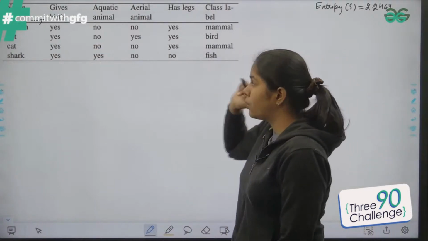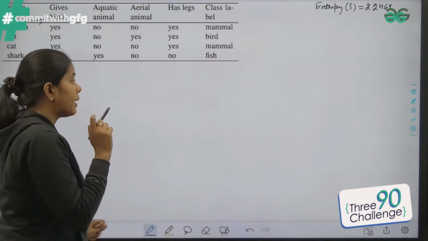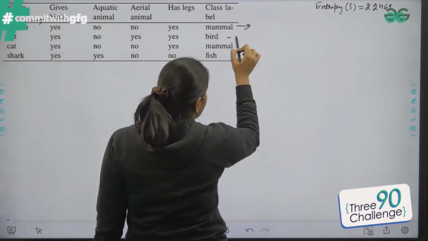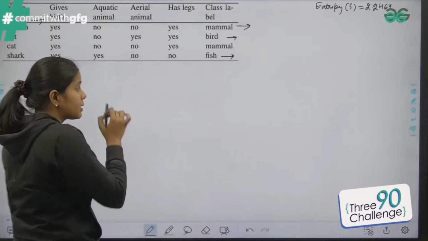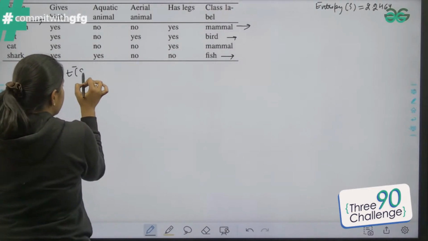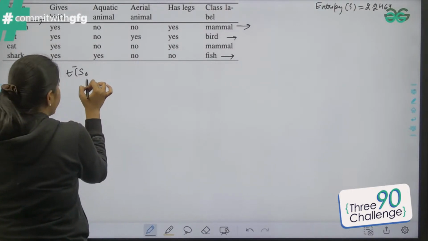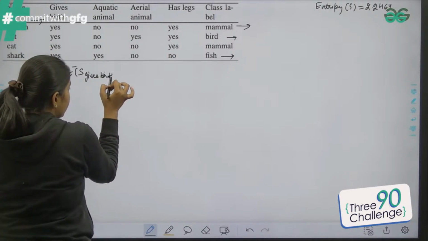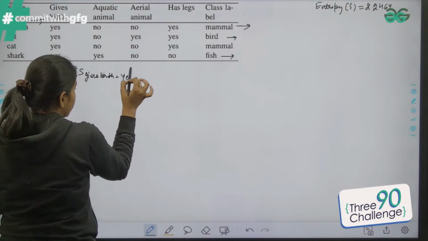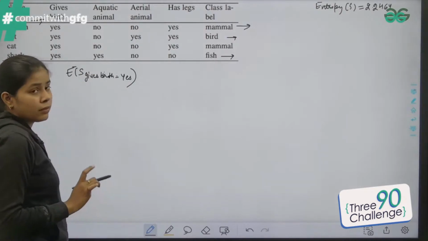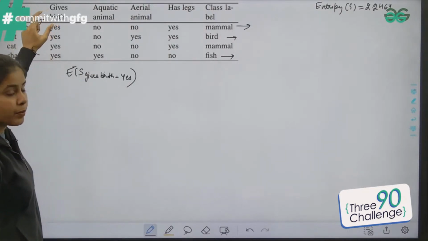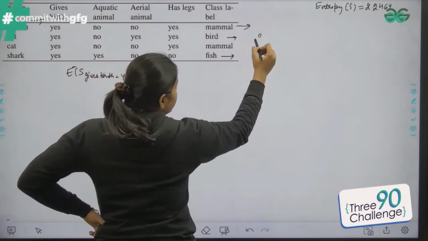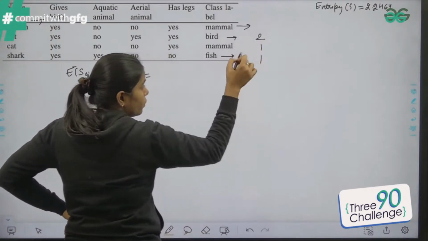Again, how many classes are there? 1, 2, and 3. I have 3 classes here. So to find entropy for gives birth equals yes, it would become mammal: 2 mammals, 1 bird, 1 fish. In total we have 4.